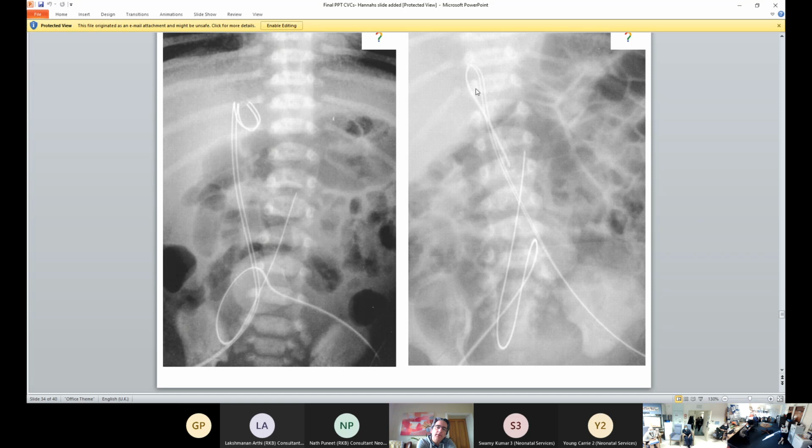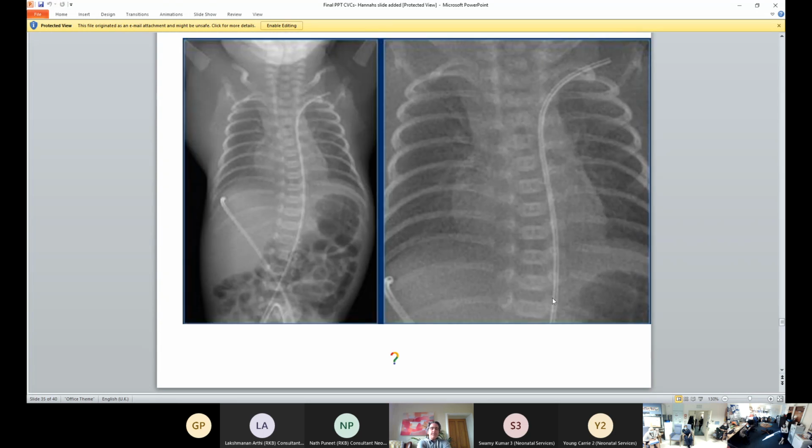This one also has gone through the umbilical recess and then looped retrograde, so it's going back to the umbilicus. That is the UEC, as we see.